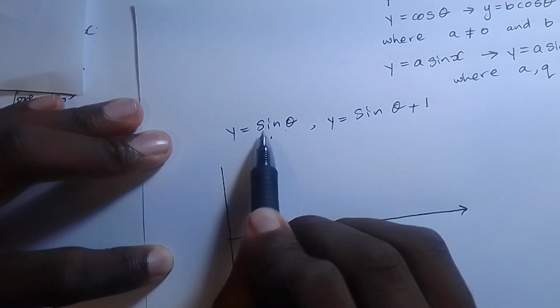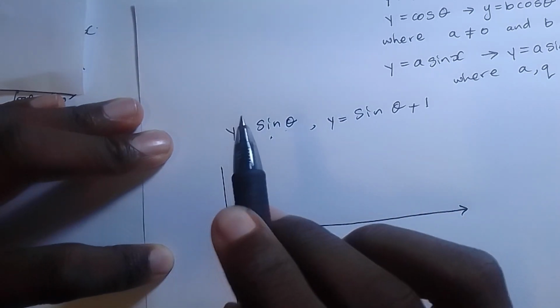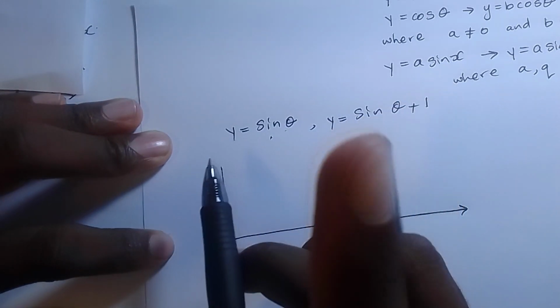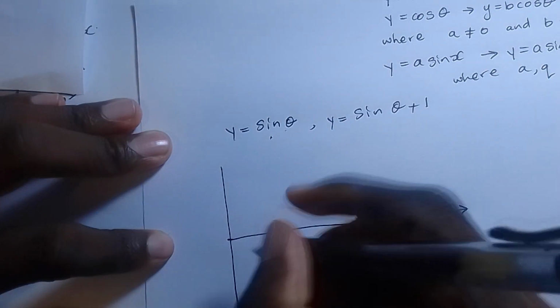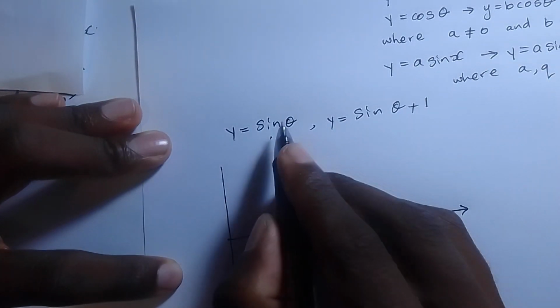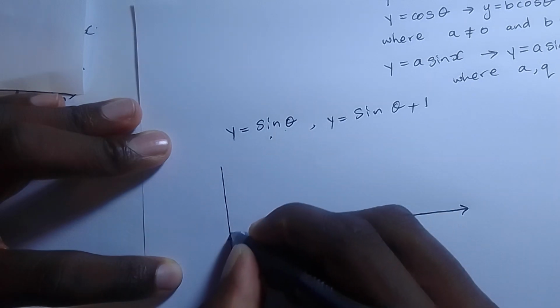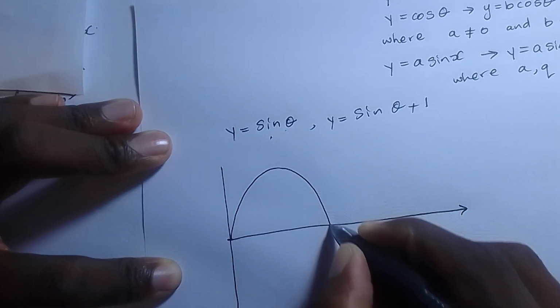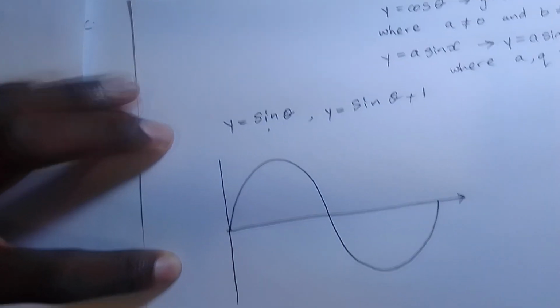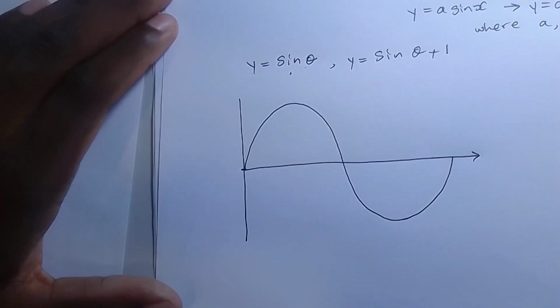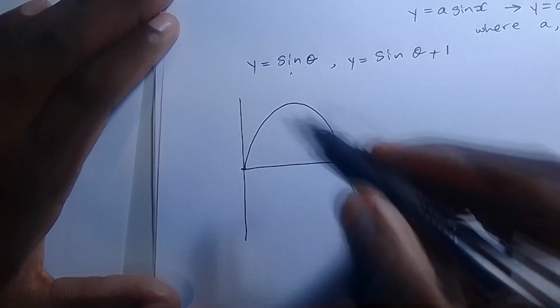You should know how to draw this from watching the previous video. I will have it linked somewhere on this video, probably at the top corner. If you know how to draw the sine graph, it goes something like this. Alright, this is the sine graph. Let me extend this to go a bit higher.